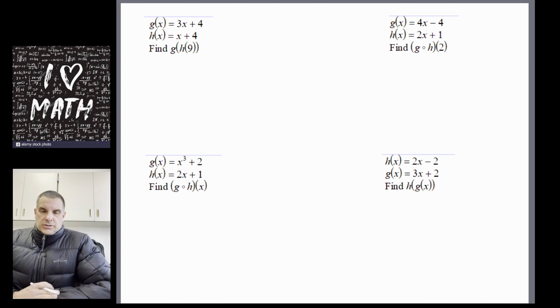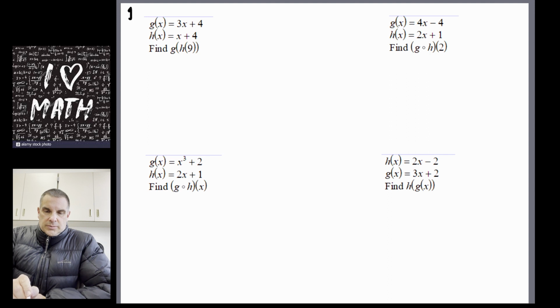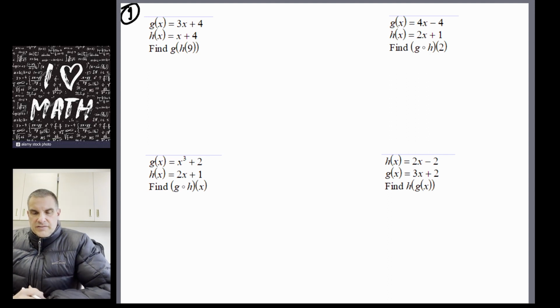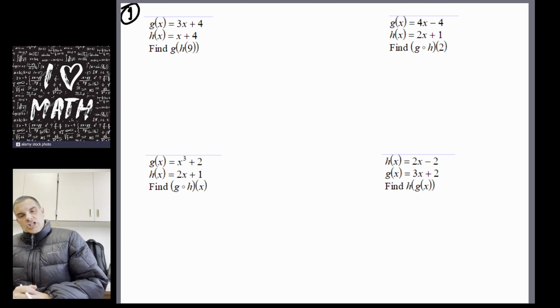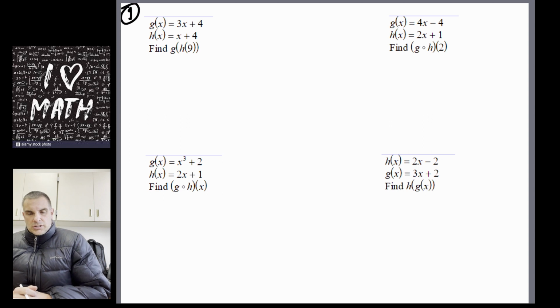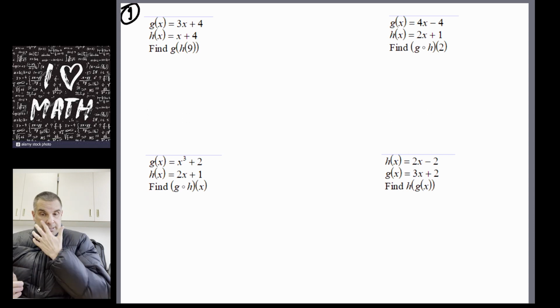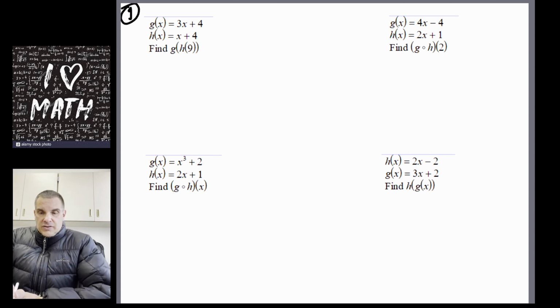So the first one up here, we'll call this number 1. We've got g of x is equal to 3x plus 4, and h of x is equal to x plus 4. You're asked to find g of h of 9. So we're going to evaluate them at 9. The first thing we need to do is evaluate the h function at 9. So h of 9 is going to be 9 plus 4, which is 13.